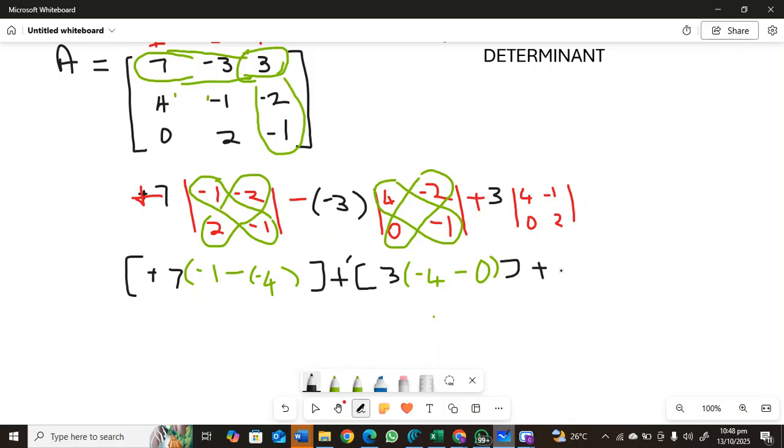Plus, here we put another 3 outside. Going to say 4 times 2, we get 8, minus 0 times negative 1, that is 0.